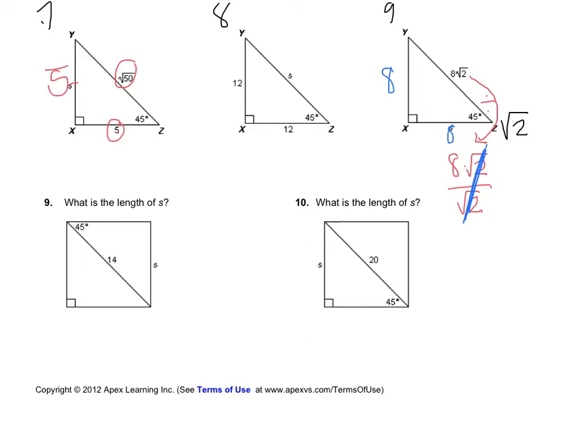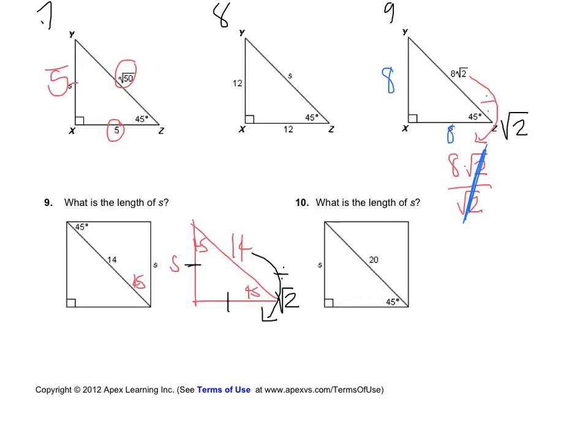Number 9 says, what is the length of S? Well, this is a 45, 45, 90 triangle. It may help for you to draw it this direction. This would be S. This would be 14. Whatever this side is on the left is the same as my base. My magic number is square root of 2. So to go from 14 down to the other side, I'm going to divide by the square root of 2.